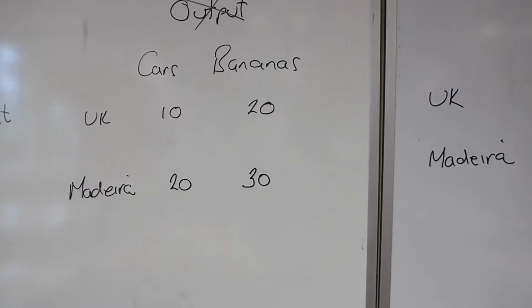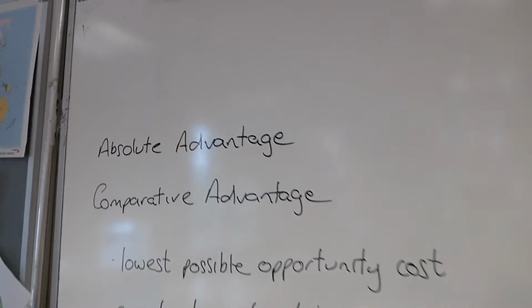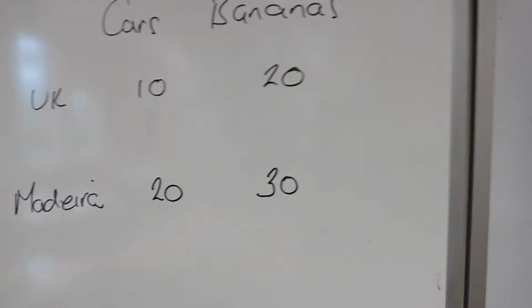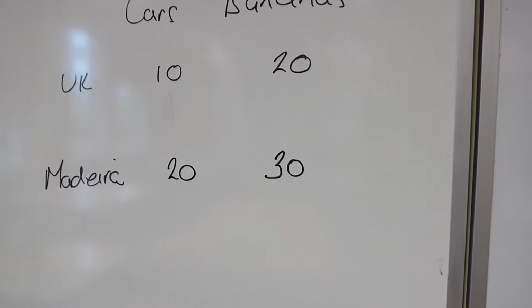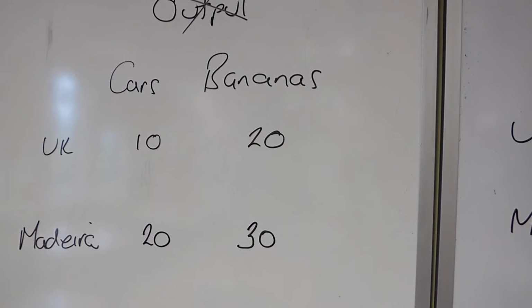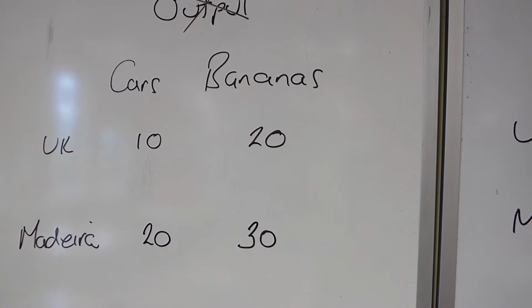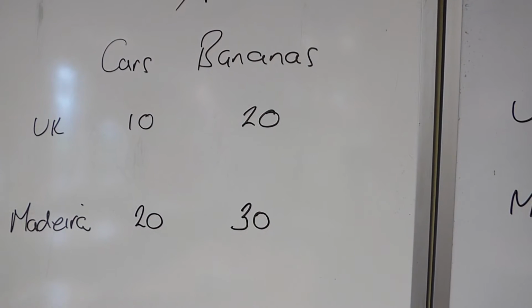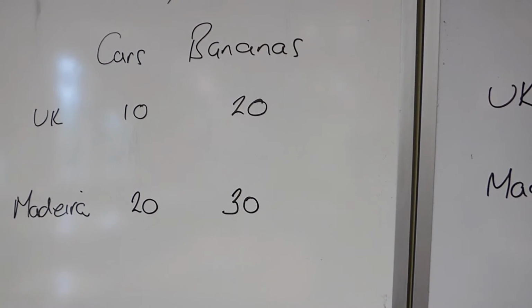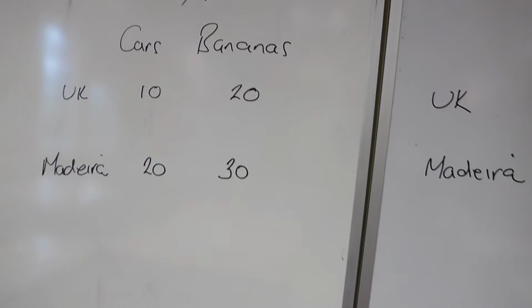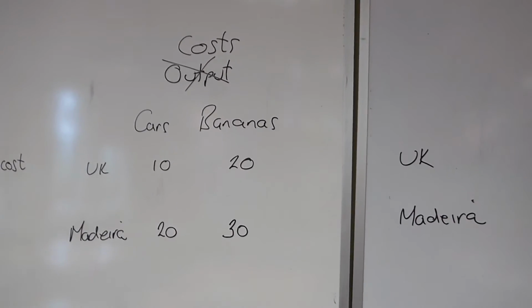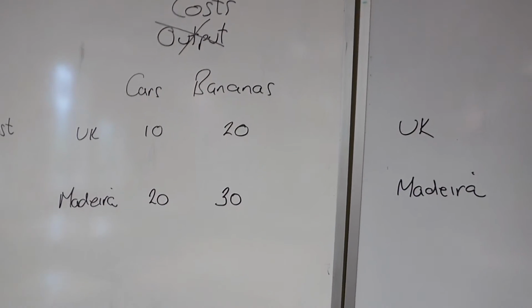So in terms of absolute advantage, it's quite clear that Madeira does not have the absolute advantage when it is cost-based. The UK would have the absolute advantage, costing 10 rather than 20. And similarly, the UK would have the absolute advantage in bananas, 20 USD rather than 30 USD. So that's just something to be on the lookout for.